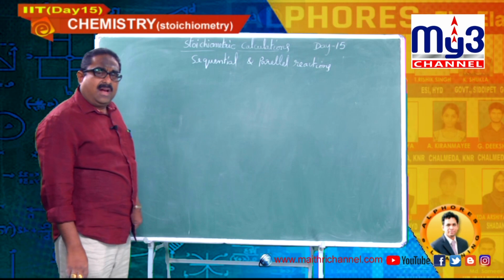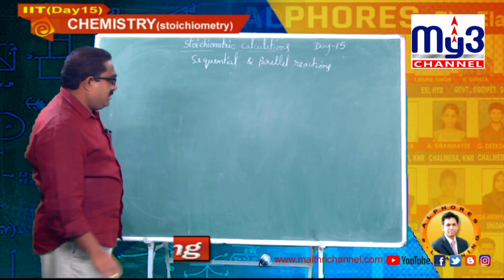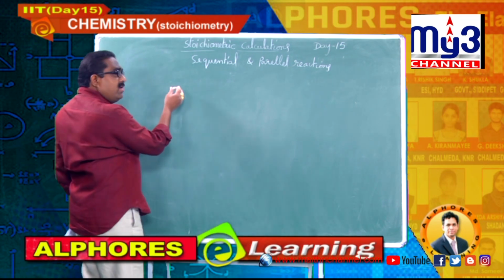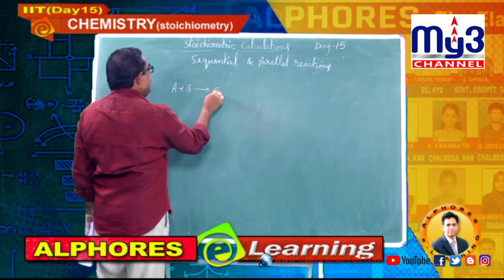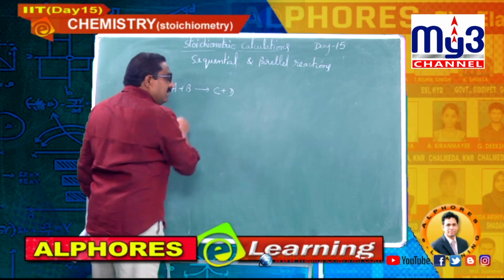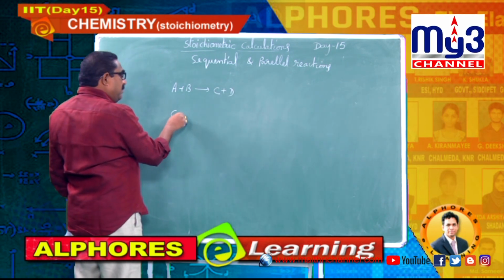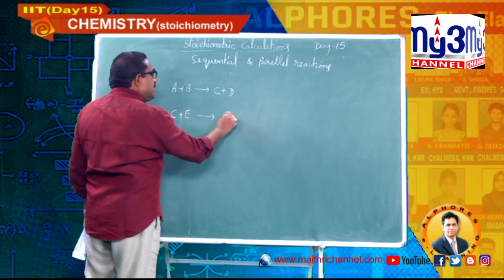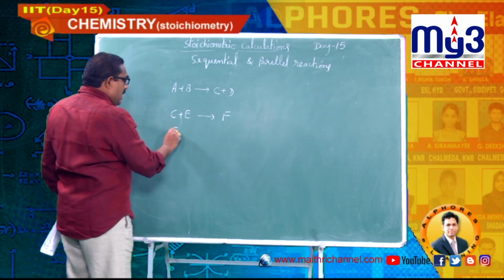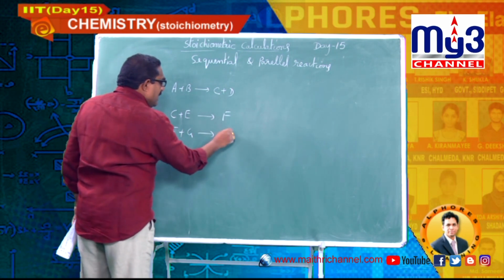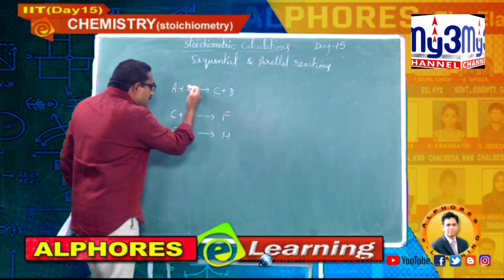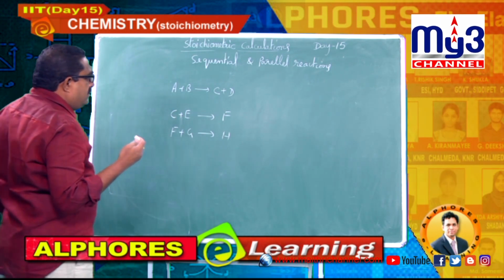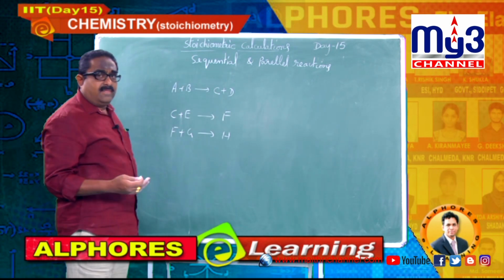What are sequential reactions? Say for example, I am going to give it theoretically. A plus B gives rise to C plus D, say. Again C combines with E to form some F. Again F combines with G to get H. These are the set of reactions which follow a particular sequence.